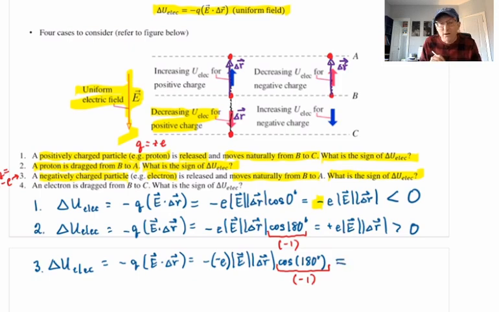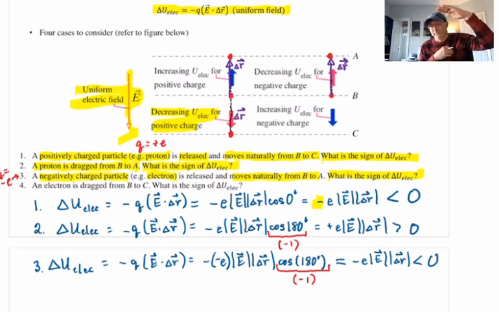Note then that there are 3 negatives altogether, so that ends up being negative little e, big E, delta R. It's negative. The electric potential energy decreased. Okay? Even though the negative charge went up. Well, the point is it went against the electric field, and for a negative charge, that's the natural way to go. And if it happens naturally, the potential energy decreases, as the big red arrow there shows.